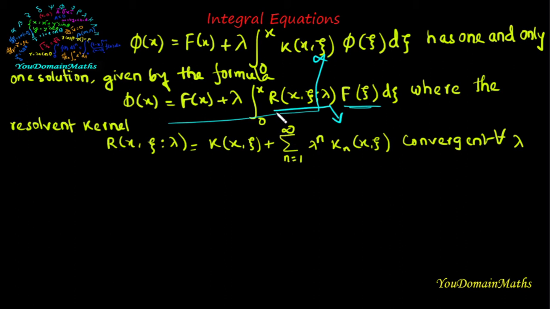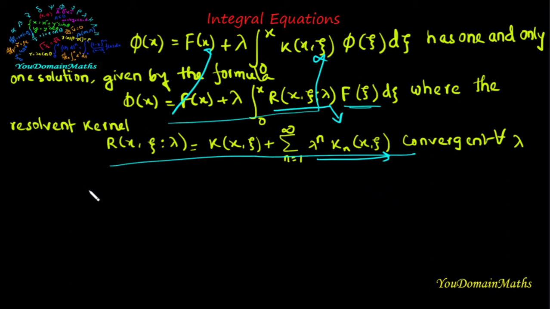We prove it where the resolvent kernel is produced from the kernel, or iterated kernel. So we will prove that this is the solution of this integral equation, where the resolvent kernel is this.